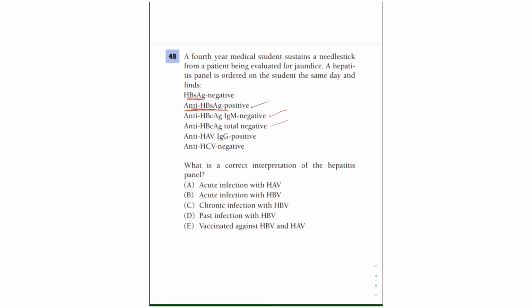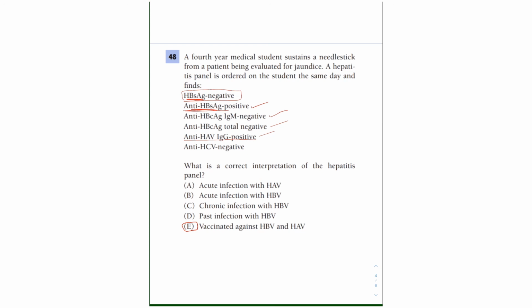And you also have the hepatitis A antibodies are positive. Okay. So as you can see here, the person does not have the active infection of hepatitis B. However, they have surface antibodies, and they do not have core antibodies. Okay. So in this case, you would say the person is vaccinated against hepatitis B and A, because in this case, why did we not say it's a chronic infection?